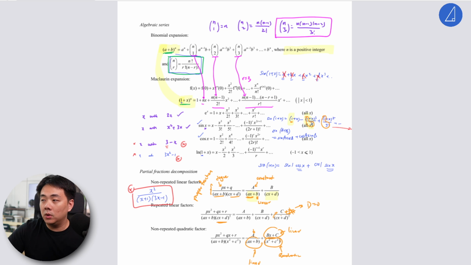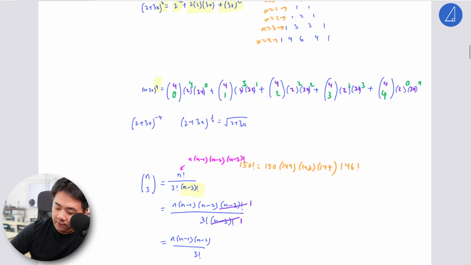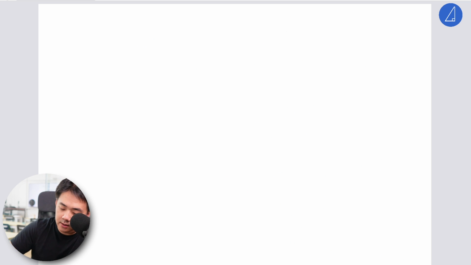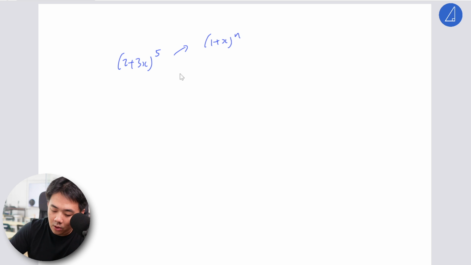That's that. So Gareth is asking, say you have (2 plus 3x) to the power of 5, whether he should use the power series expansion or the binomial expansion. For this one, I will use the binomial. You know why?